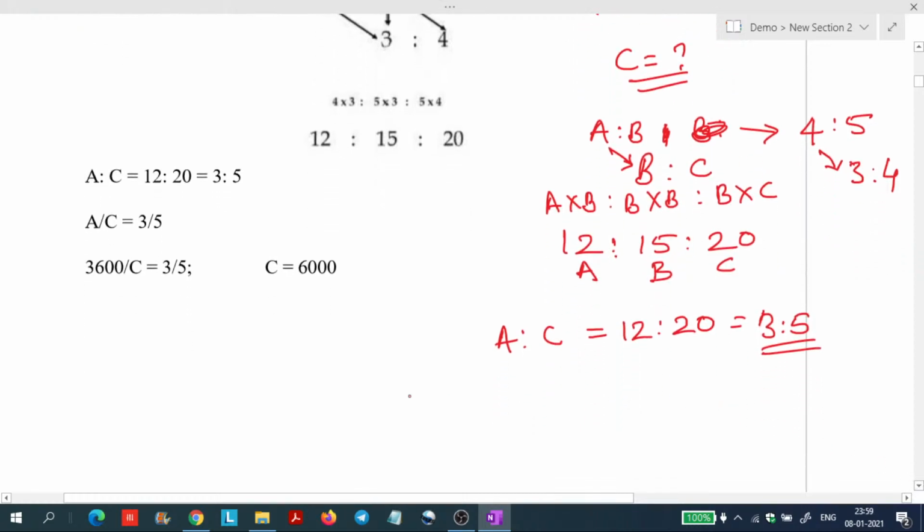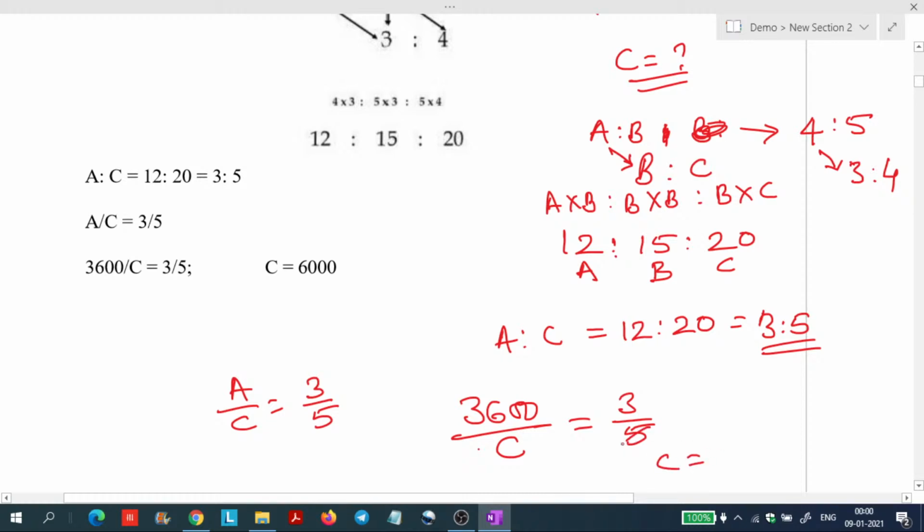A by C, the ratio is 3 by 5, and A is earning 3,600. A is given, C we need to calculate.